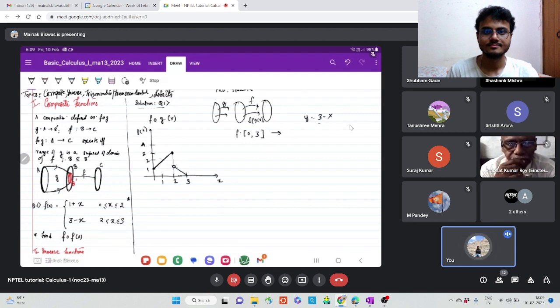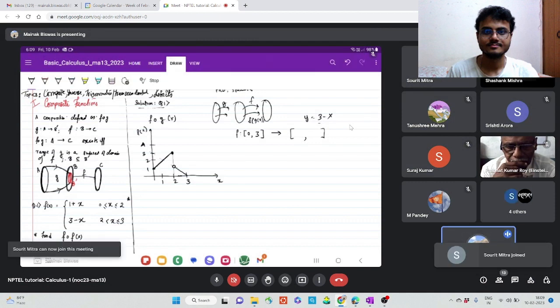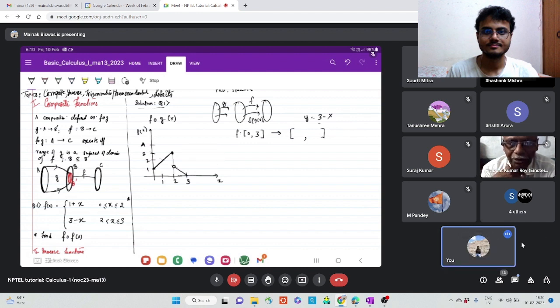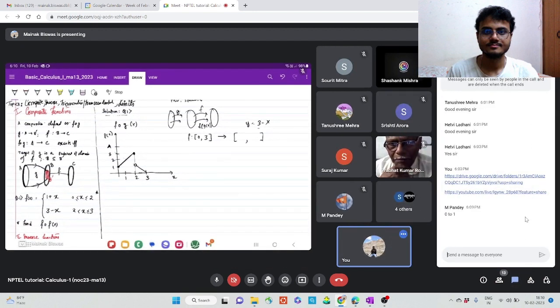If something is unclear, can anyone tell me what the range of this function is? The domain is 0 to 3, the range would be? From the graph it's clear, right? Is it 0 to 1? I don't think so. What values does this function take? I think 0 to 3, right? For 0 to 2, the function goes from 1 to 3.